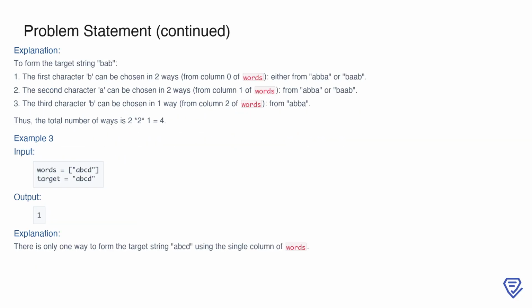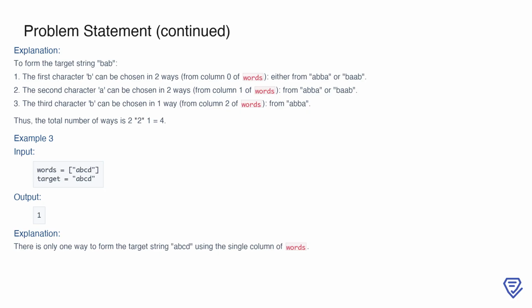Now let's examine another example. If words is abba, bob, and target is bab, we calculate the number of ways as follows. For the first character b, there are two valid choices from the first column of words, one from abba and one from bob. For the second character a, there are also two valid choices from the second column, one from each string.